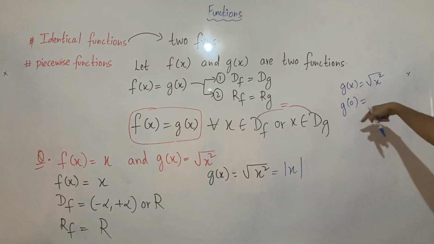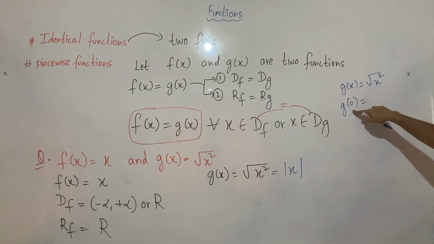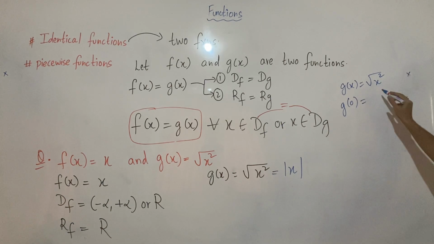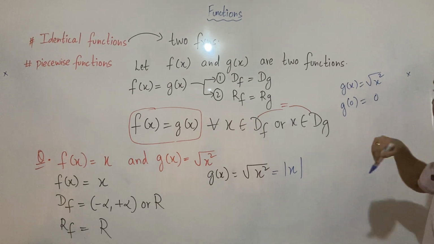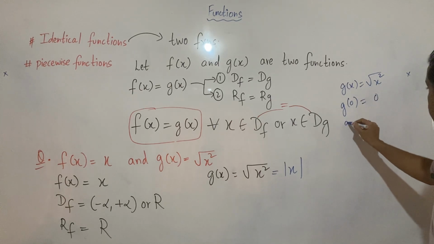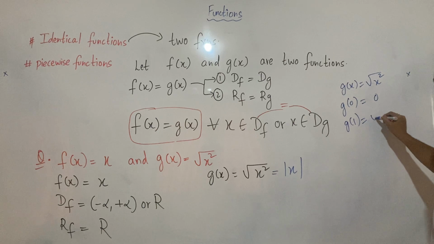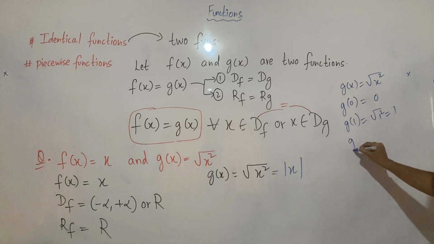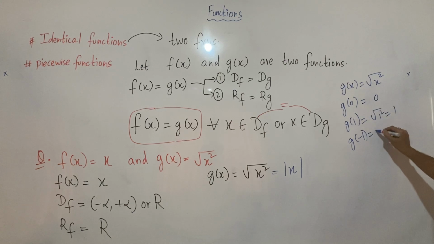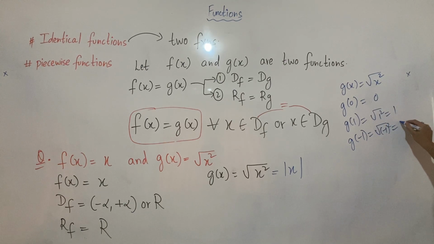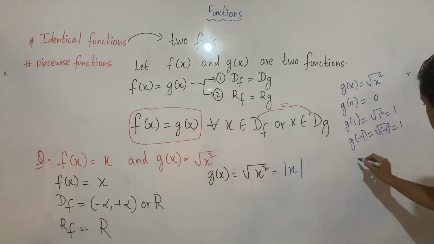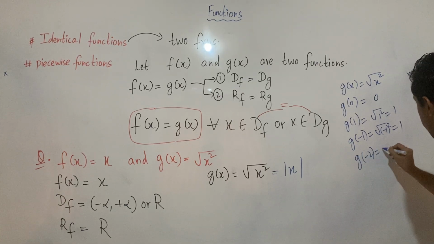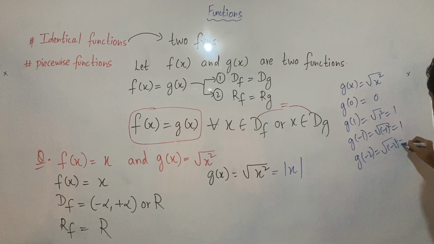For example, you can put x as 0. For 0, this is going to be 0. For 1, it's going to be under root 1 square, which is 1. For minus 1, it's going to be under root of minus 1 square, which is again 1. Same for minus 2, it's going to be under root of minus 2 square, which is under root 4.